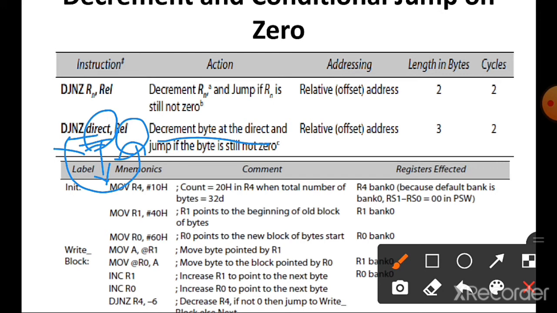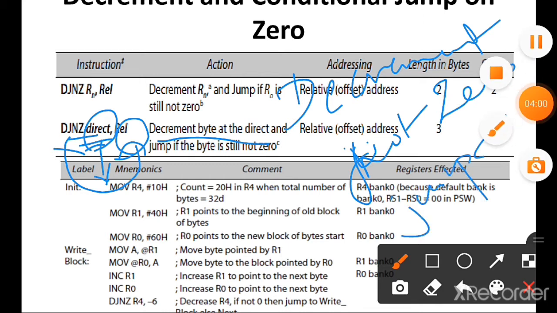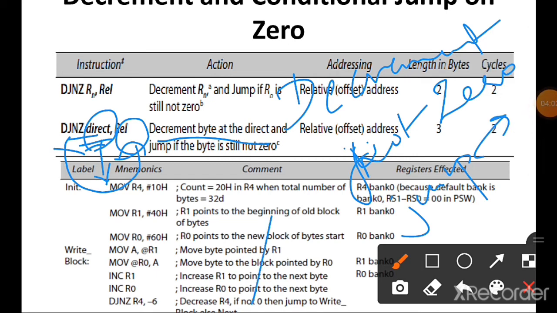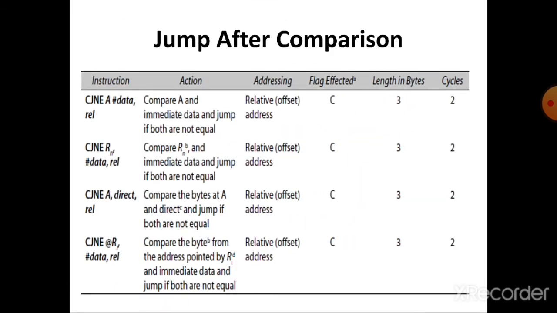So the first step is to decrement the register, then check whether it is 0 or not 0. If it is not 0, then jump to the location, or jump to the relative address.